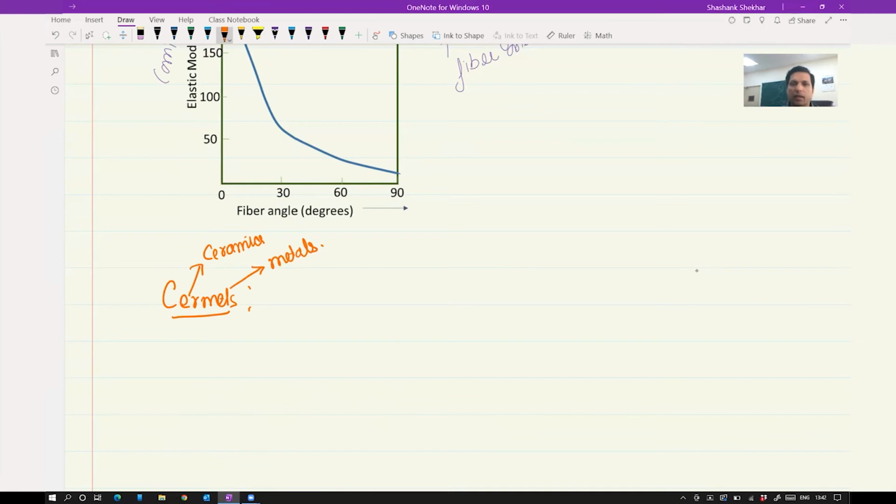Here metal is the matrix and ceramic particulates are added into the metal matrix, and the purpose is to improve wear resistance. Metals have very good strength and very good toughness, but ceramics have much better wear resistance, and therefore when you add ceramics into a metal matrix, you can get very good toughness as well as very good wear resistance.